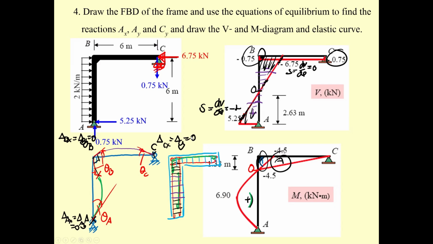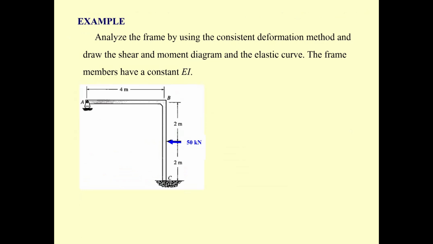So the first type of problem is going to be pivot. Okay, and then the second type of problem is going to be fixed and roller. Anyway, always specify the element. For example, for this one, if the instructor says A_y is going to be our redundant force, I have to take the roller out and put the redundant A_y over here.